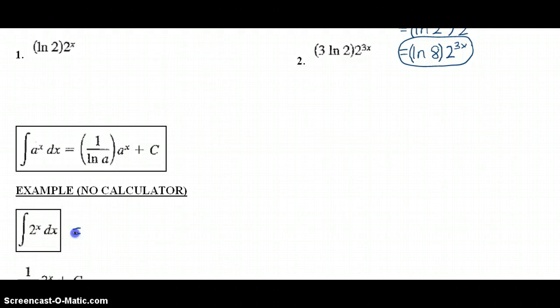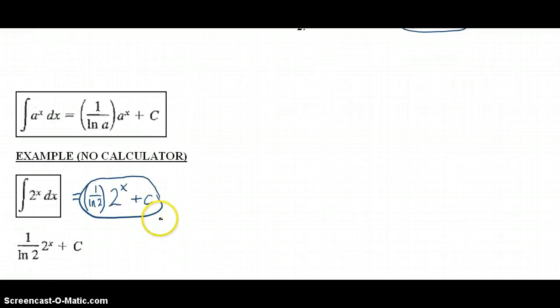So this integral is going to be not just 2 to the x power, but in front of this we need 1 over the natural log of 2, plus c.